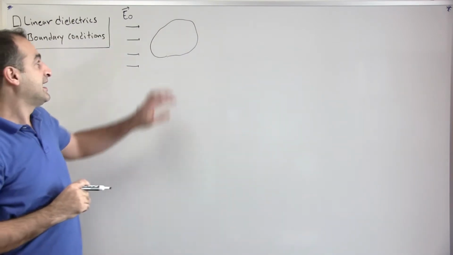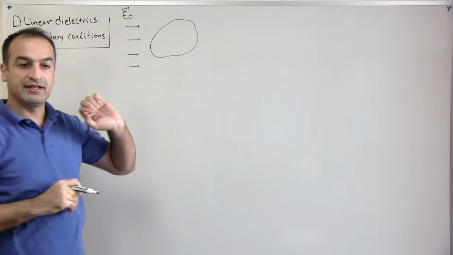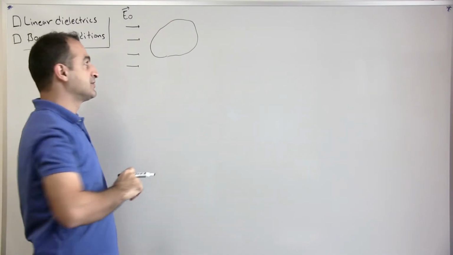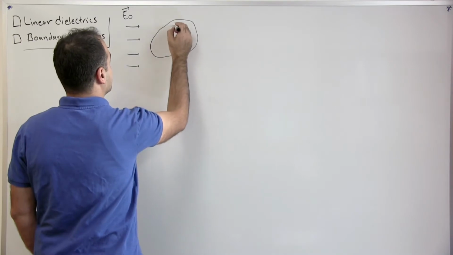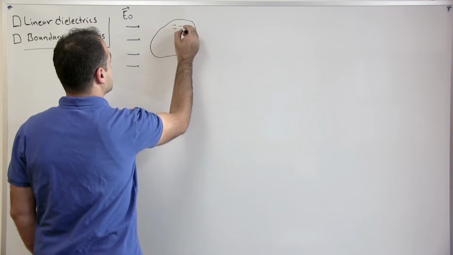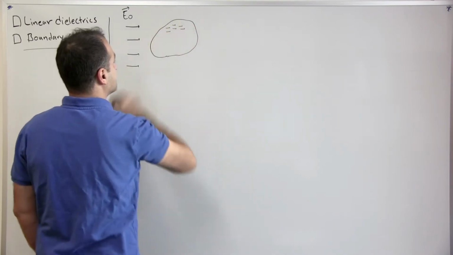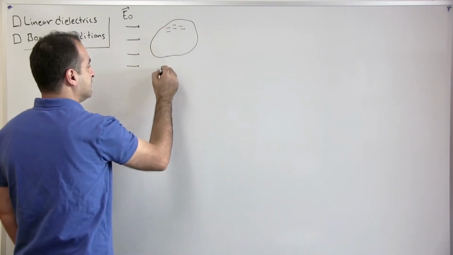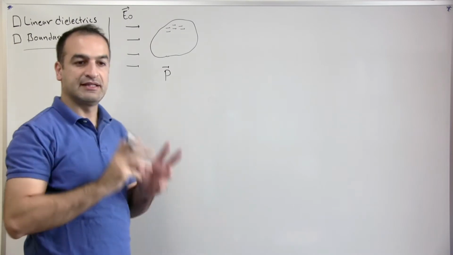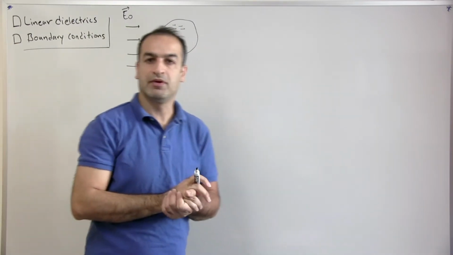Now we learn that this piece of dielectric gets polarized, right? So that means you can imagine many little small dipoles in this volume. And we talked about the polarization, and that's a vector that defines how the material is polarized.